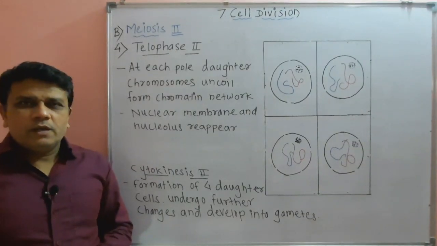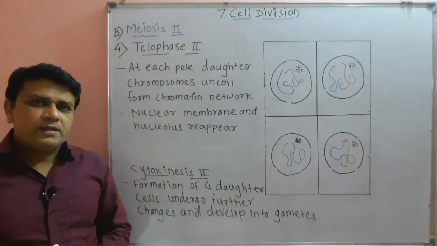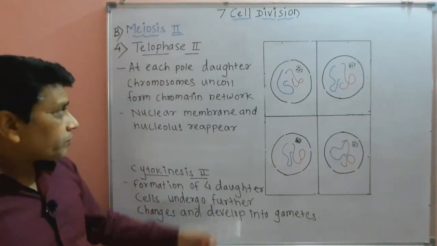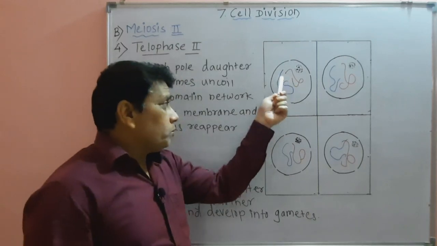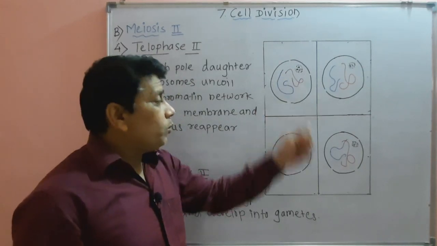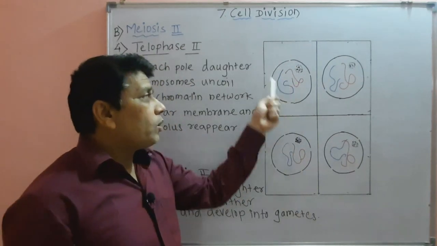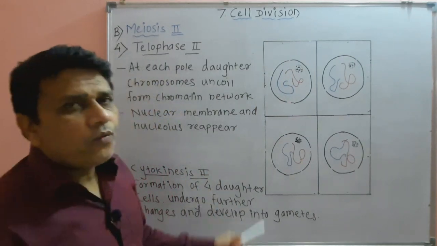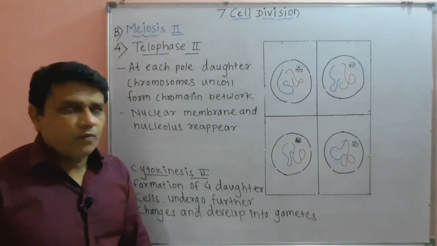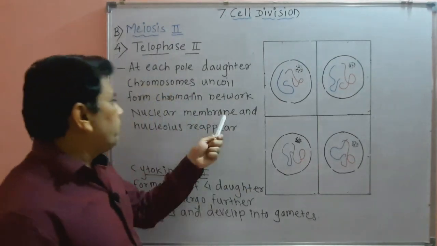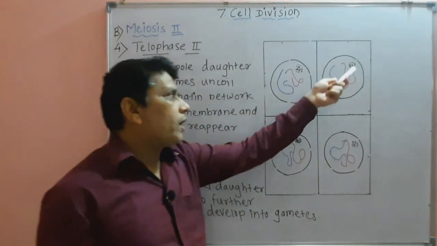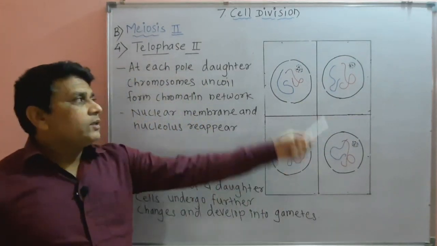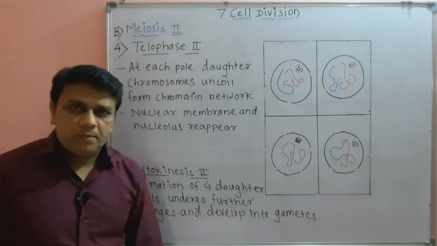Then the last stage of karyokinesis second is telophase second. The chromosomes at each pole will uncoil, they will become long and thin, and they will form a chromatin network. Then the nuclear membrane will develop around the chromosomes, and the nucleolus will reappear.